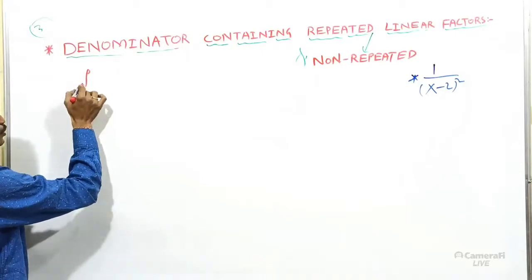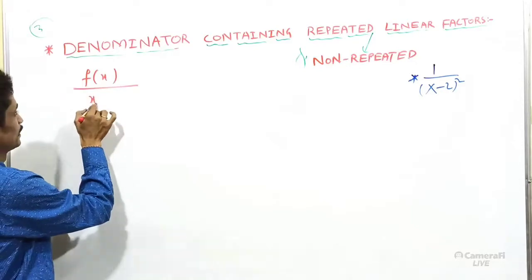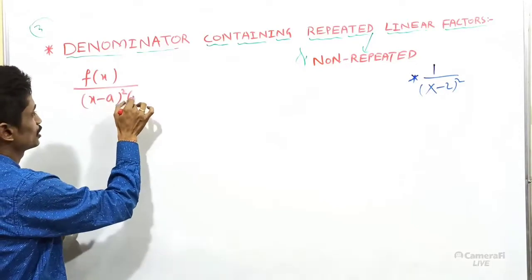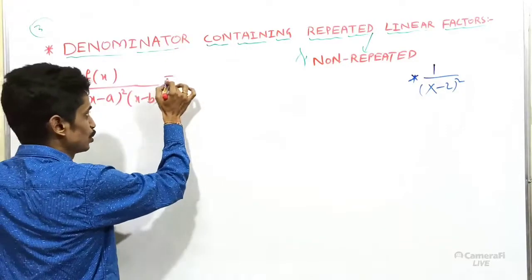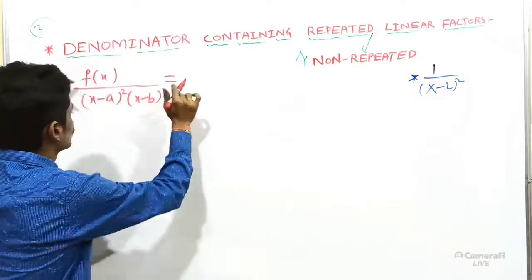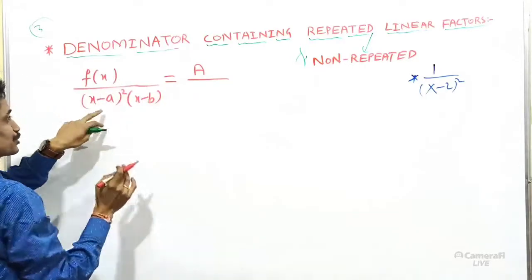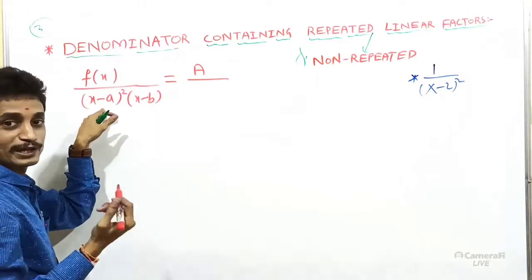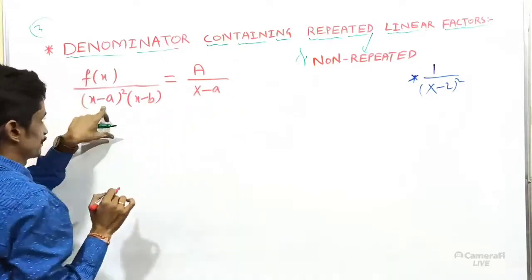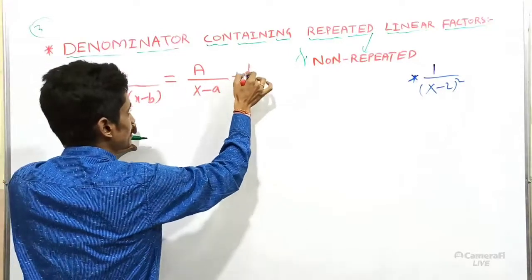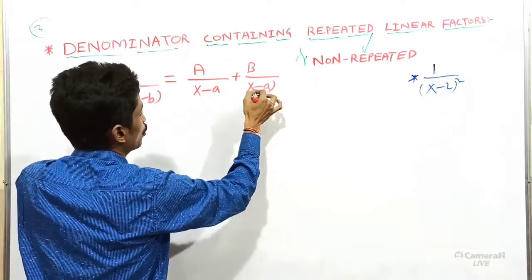The general form is f of x divided by x minus a whole square into x minus b. Such a form we will get. So look at the RHS part clearly. First I will focus on this repeated factor. Already you know how to express the repeated factor: a divided by x minus a plus b divided by x minus a whole square.